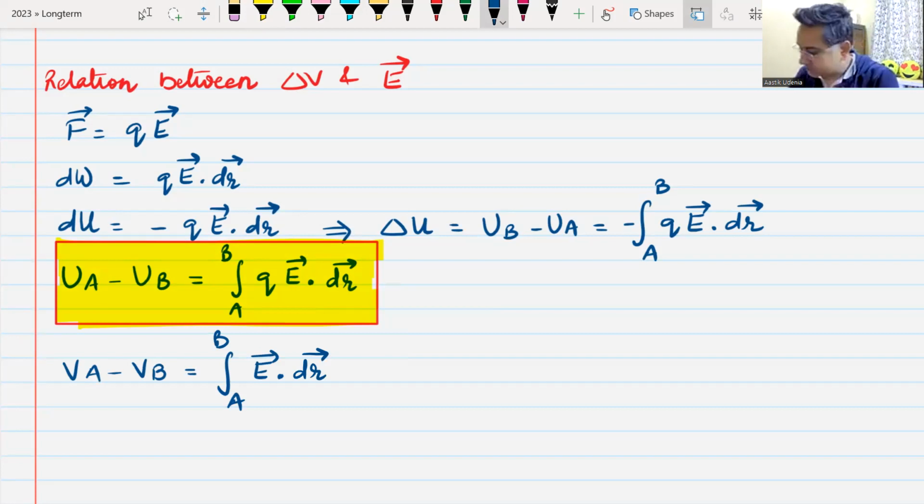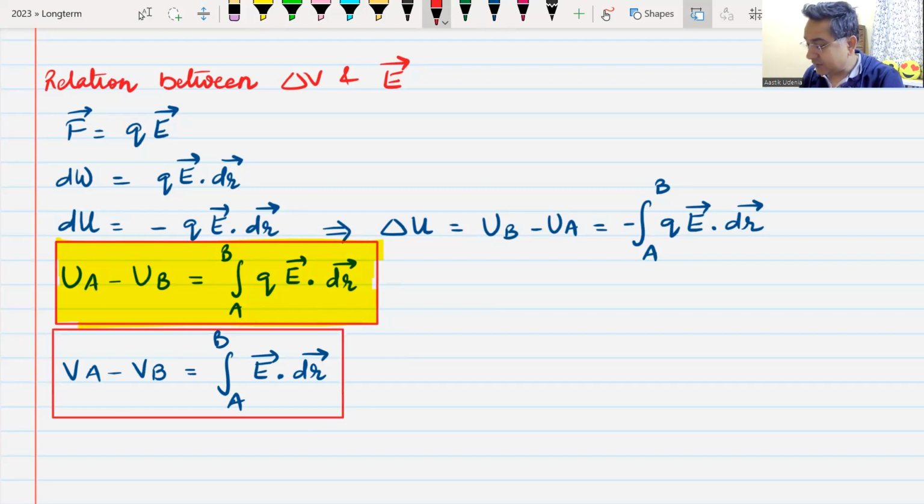Yes, sir. So if you know the value of electric field, from there you should be able to calculate the potential difference between the two points. Yes or no? Yes, sir.